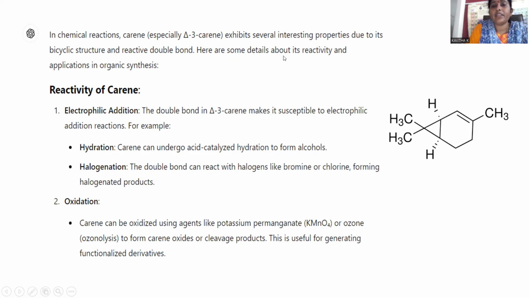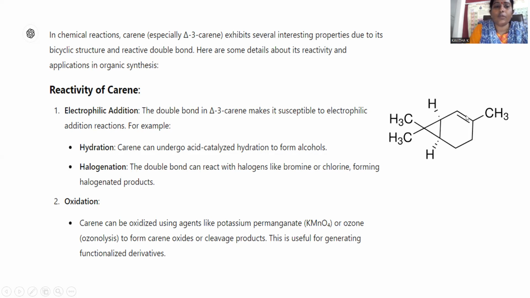Here are some details about the reactivity and applications. Electrophilic addition: since a double bond is present and it is not in an aromatic ring, it is susceptible to electrophilic addition reactions. For example, you can add water.